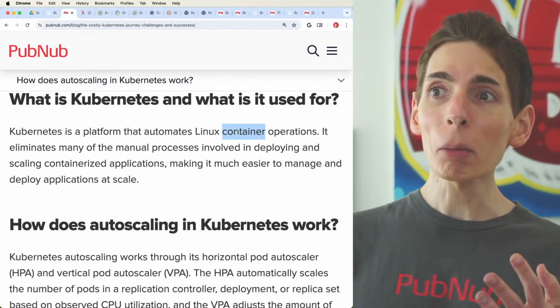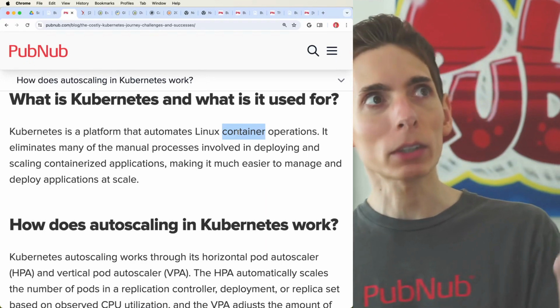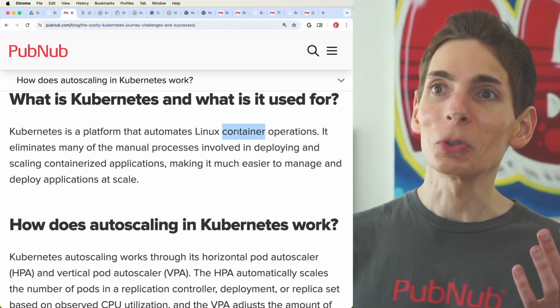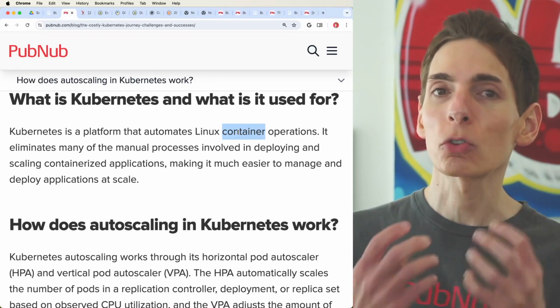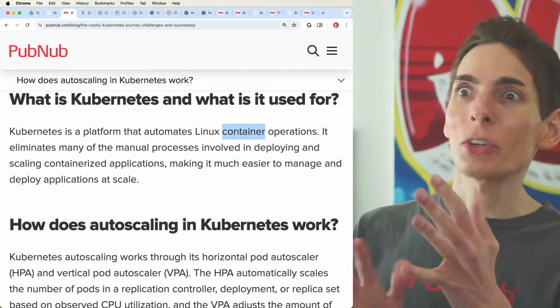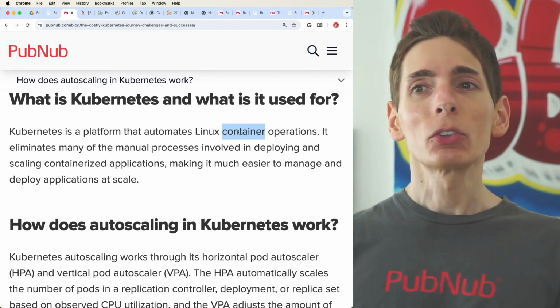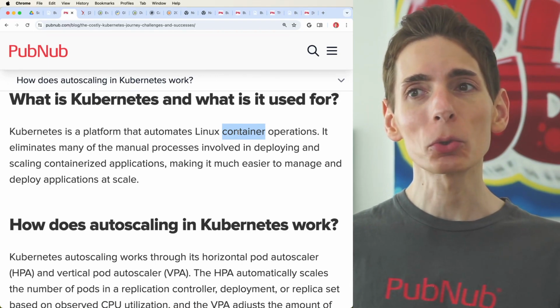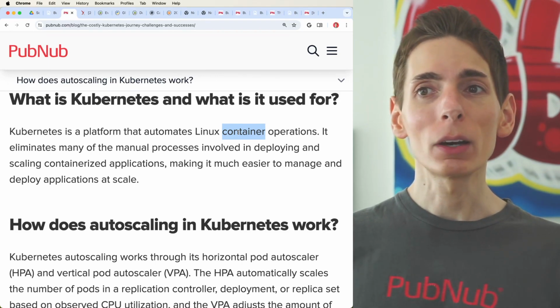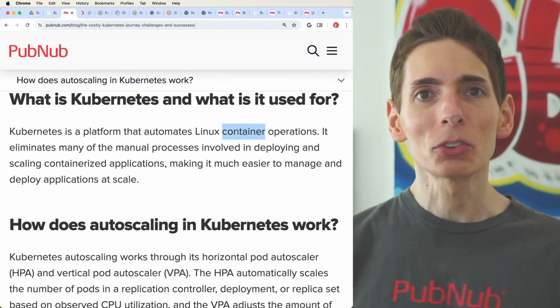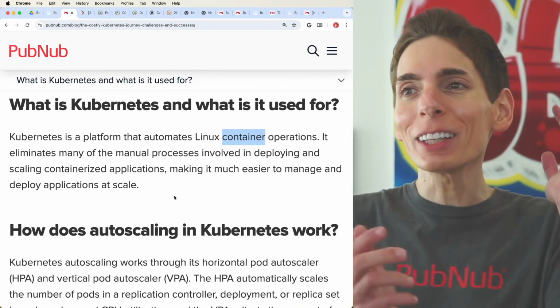And having a human have to go and recover that, you're going to run into a lot of extra manpower. Your team will have to spend more time developing and maintaining infrastructure, especially at scale. So that's what Kubernetes does: it operates your applications. It automates it all. It makes it really easy.